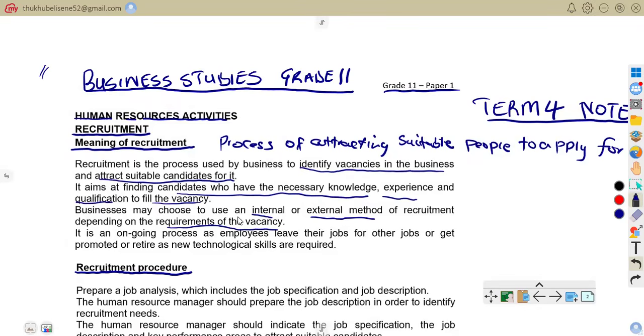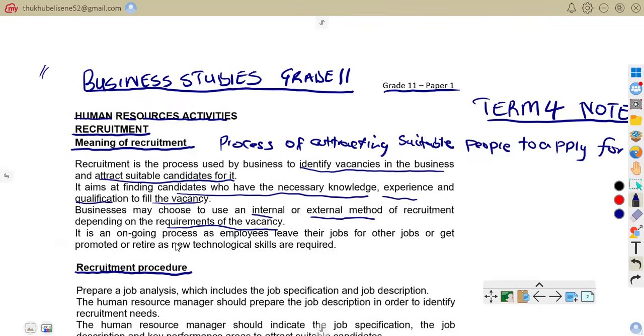Or you will find that they qualify, then you can recruit internally, for people who are even familiar with the organizational culture. These are the two methods we can go for.